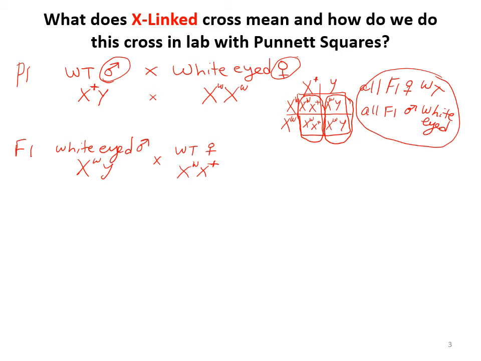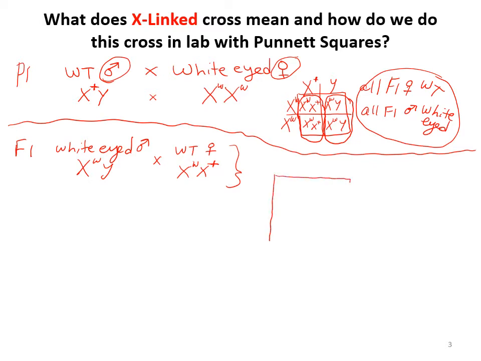Okay? So now what you would then do is make a Punnett square of those F1 crosses. Okay? And I'm going to do a zigzag line so you don't get confused with the previous cross. So our F1, the way that we would set up this Punnett square to see what the F2 will look like is just like always.